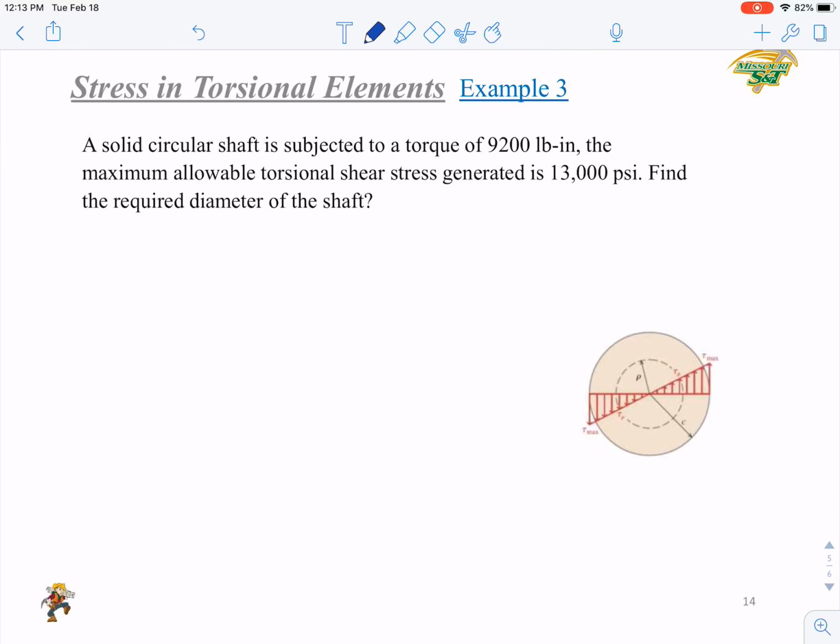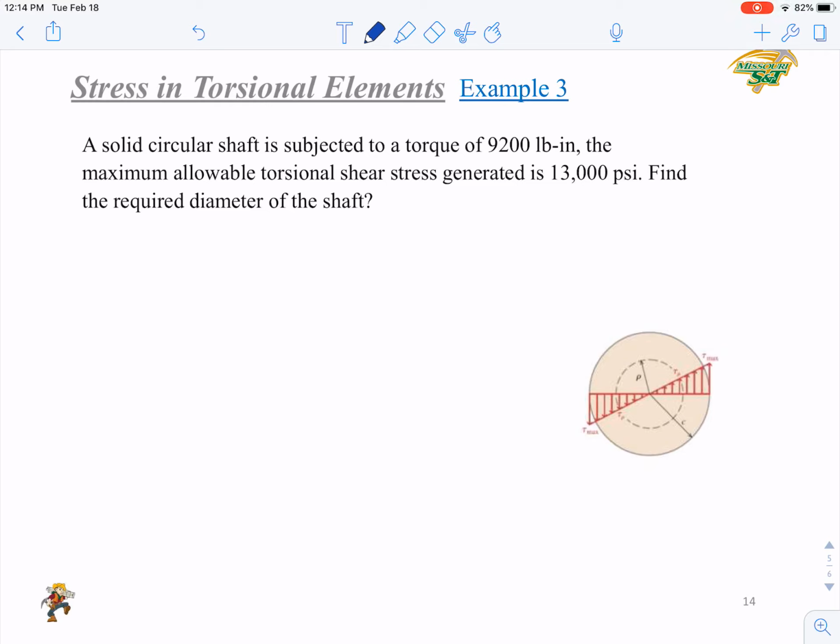And for example 3, this example is a simple design problem. A solid circular shaft is subjected to a torque of 9,200 pounds-inch, and the maximum allowable torsional shear stress generated is 13,000 psi. Then find the required diameter of this shaft.